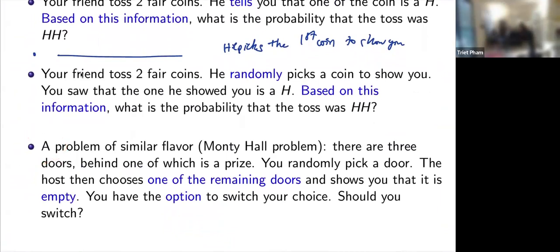Let's do a few problems before we look at this. Okay, let's do this first question. We'll do one or two questions, and then we'll come back to the Monty Hall as the cap of today's lecture.